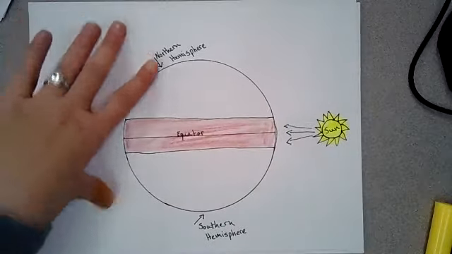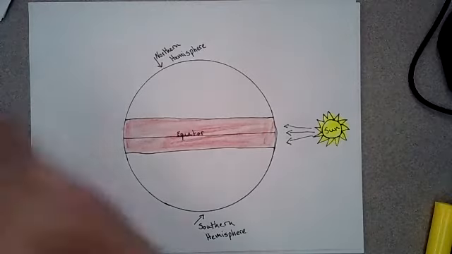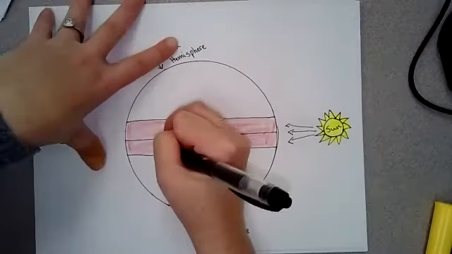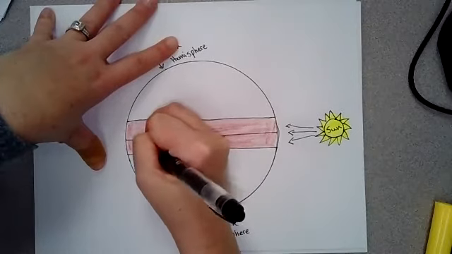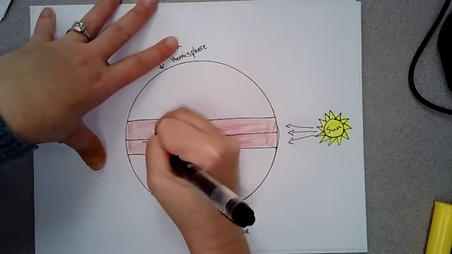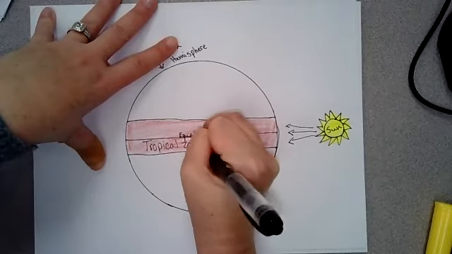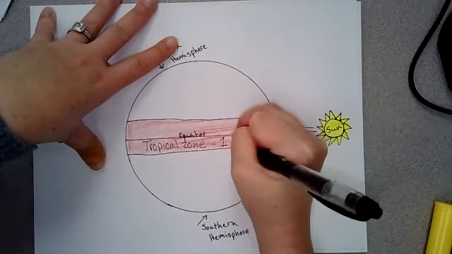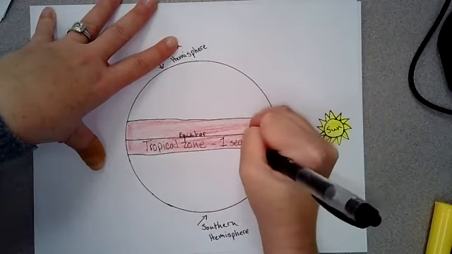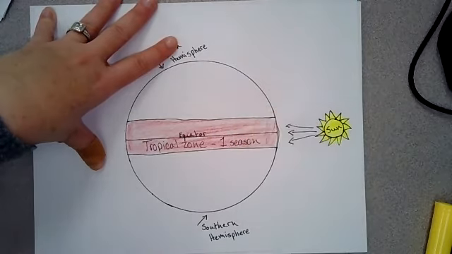You would be just fine. Okay, so the equator has one season. I want you to write that this is the tropical zone. The tropical zone has one season. They don't have winter, spring, summer, and fall. It is just warm all the time.